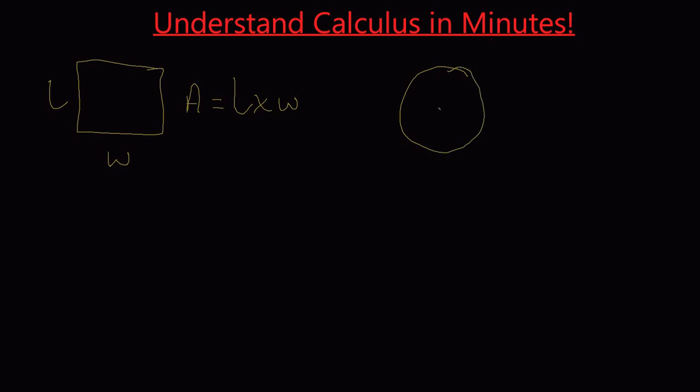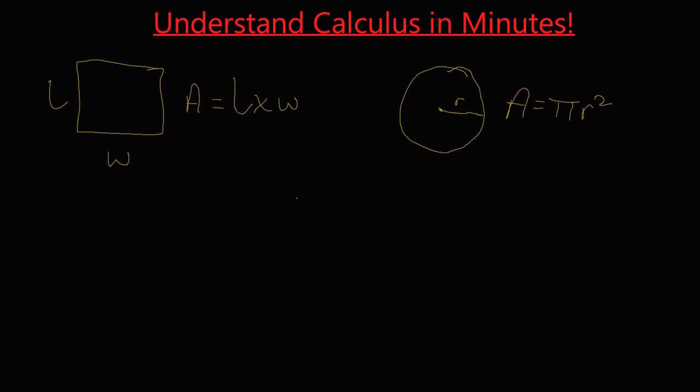So if we take the standard shapes that we know already, if we've got a rectangle, we can say length times width is equal to the area. Area equals length times width. In the same way, if we've got a circle with a radius of r, then the area of this is pi r squared.